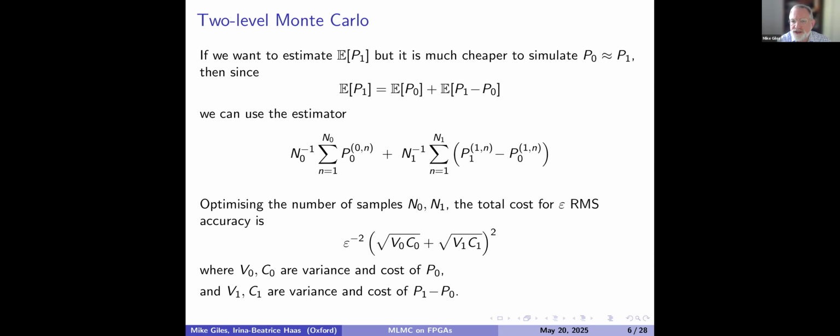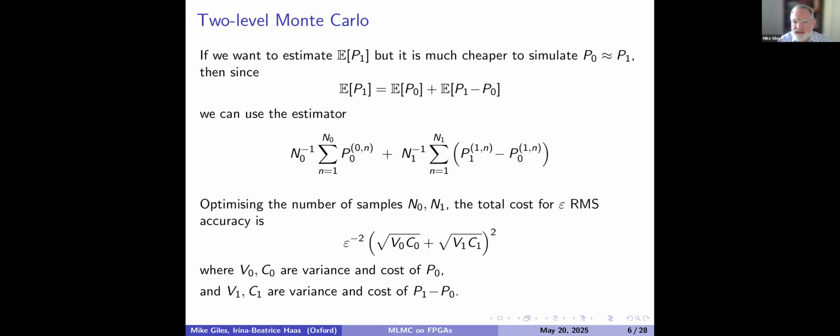And the key is, because the difference is small, and we're using the same stochastic inputs for both P1 and P0, the variance of the difference will be small, and therefore we won't need a very large N1 to accurately estimate the expected difference.